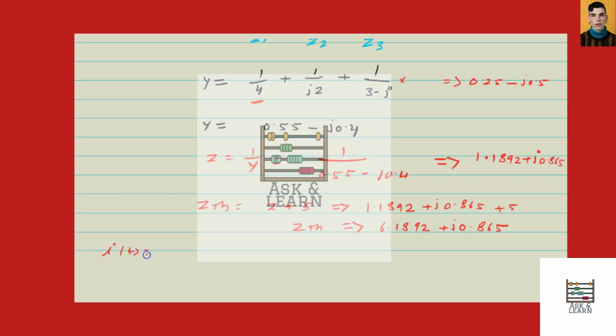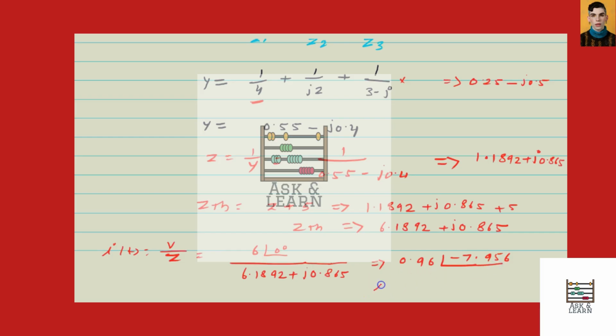Now I of t equals V upon Z, which is 6 angle of 0 degree upon 6.1892 plus j0.865. By solving this equation, the current I of t equals 0.96 angle of minus 7.956.